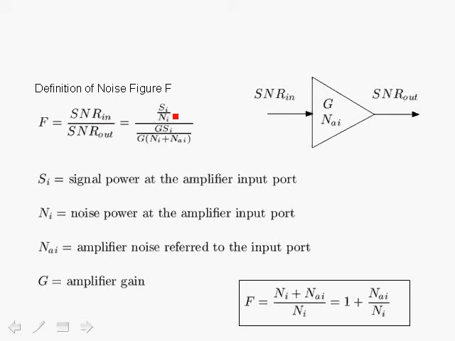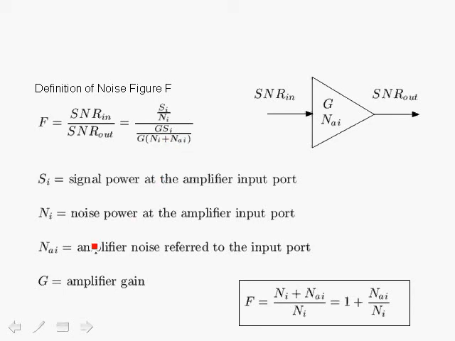If we write the signal to noise ratio in terms of the input signal power divided by the input noise power and also the output signal to noise ratio, if the block has a gain G, then the signal would be amplified by G, so you have G times the input signal divided by G times the input noise plus the input referred amplifier noise.